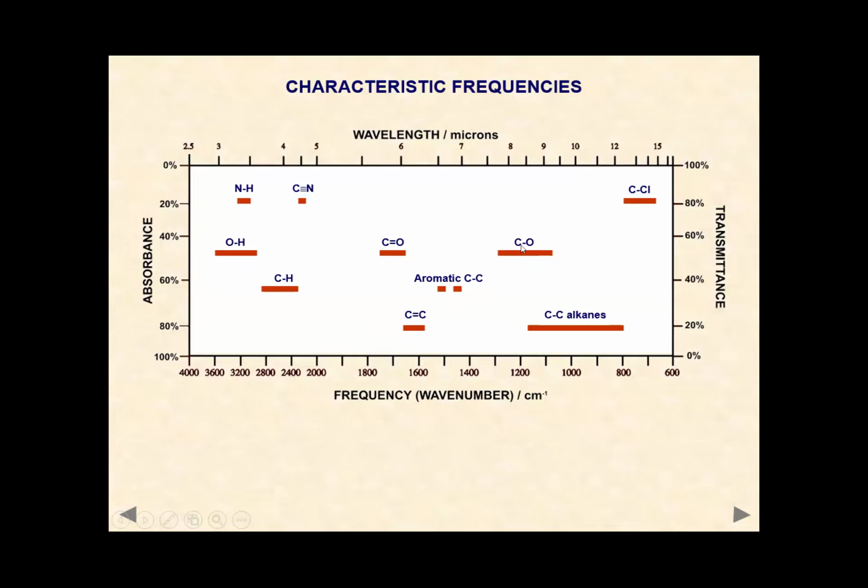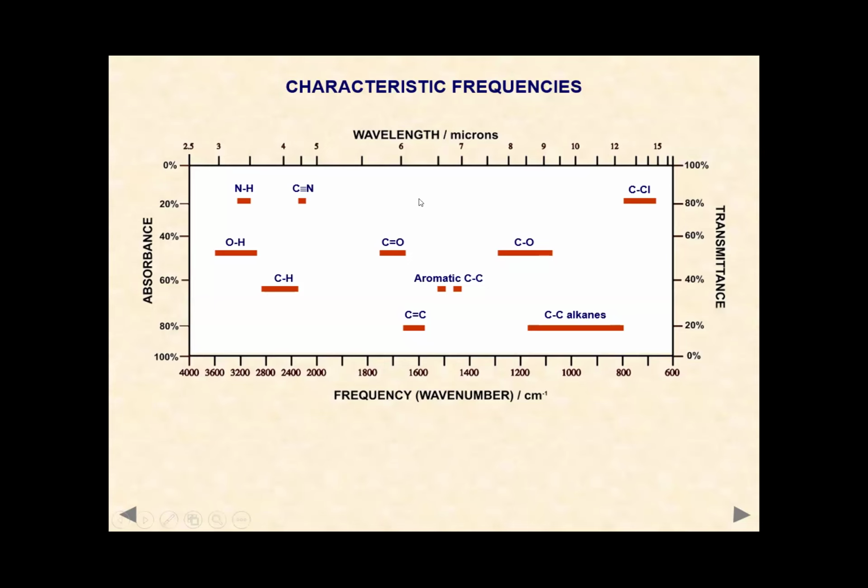If you have C-O, now Anika, have a look. If we have C=O, the frequency which will be absorbed is around 1750. If we have C-O, then the frequency which will be absorbed according to the stretch is 1100 till 1300. Can you see?